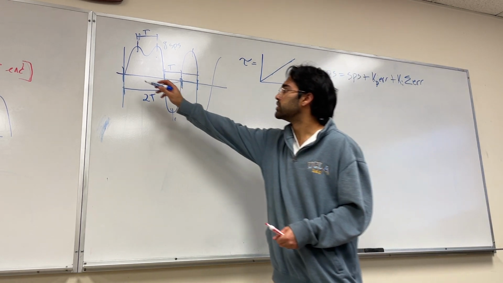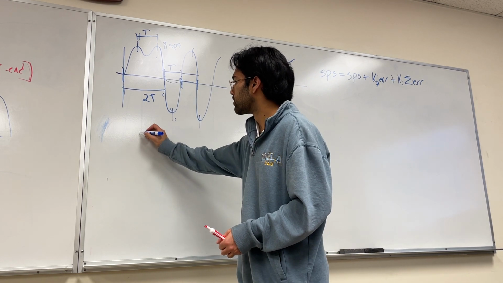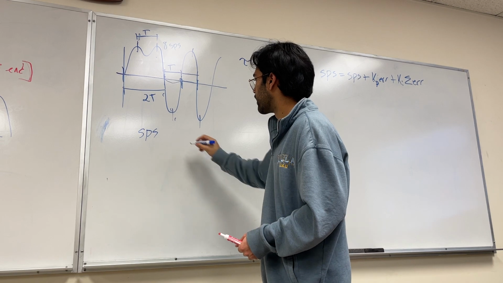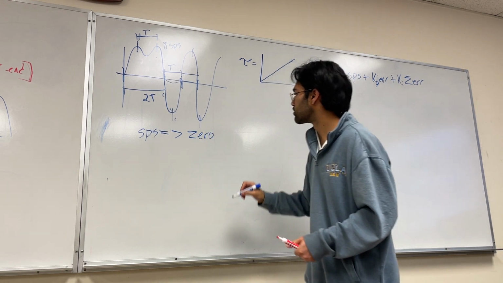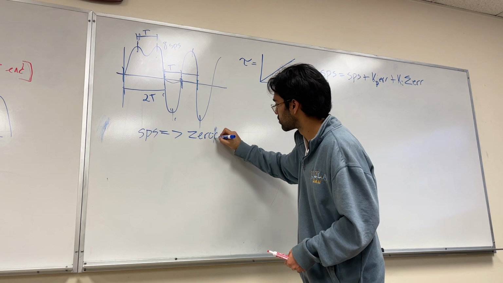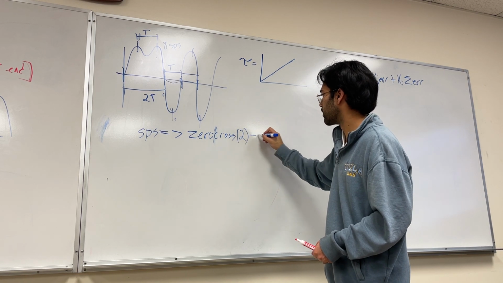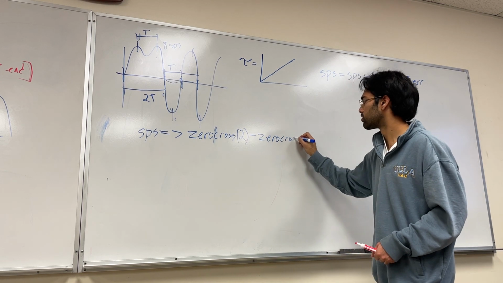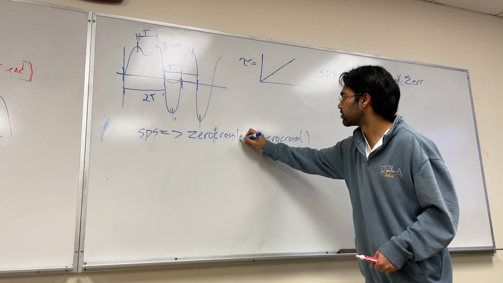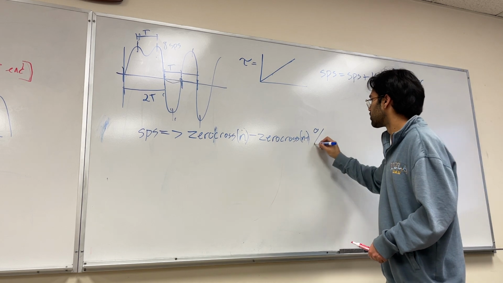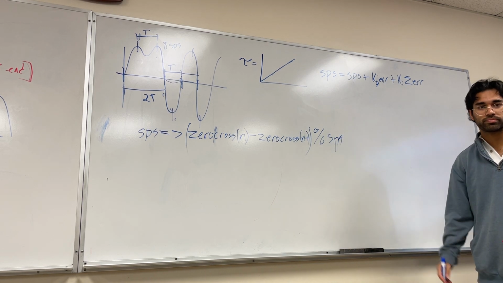Well, knowing that we can find these zero crossings and that they're periodic, we know that if SPS is right, then zero cross n minus zero cross n minus 1, the number of samples between two consecutive zero crosses, modulo SPS should be equal to 0, all right?